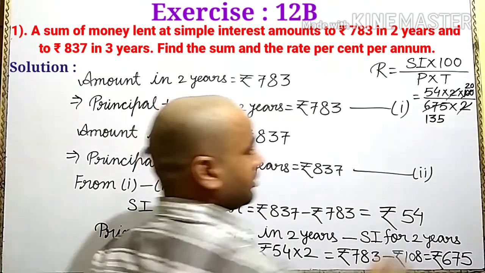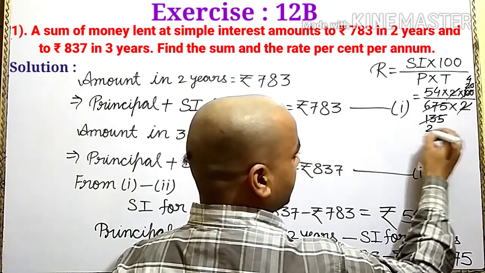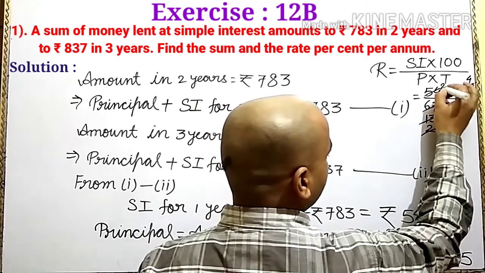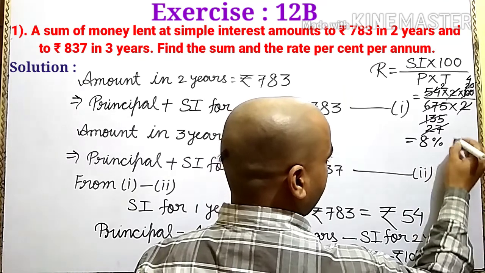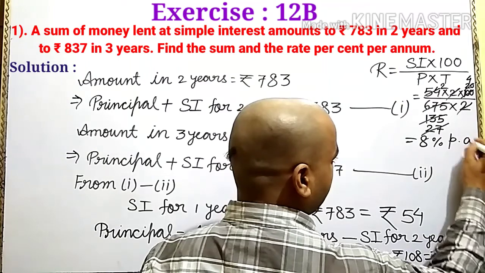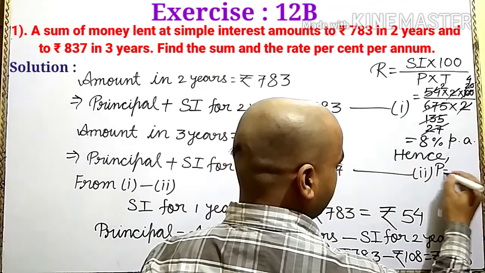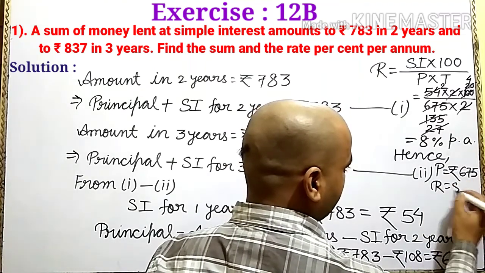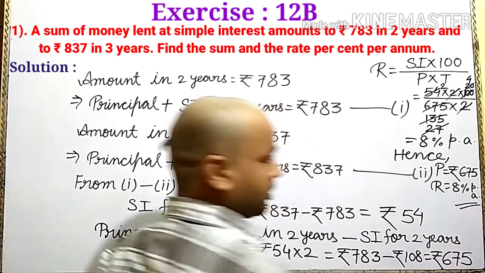Is it clear? 5 4s are 20, 5 2s are 10, 5 7s are 35, 27 2s are 54, the 2 4s are 8% per annum. So hence principal is equal to 675 and rate is equal to 8% per annum. This is your required answer.